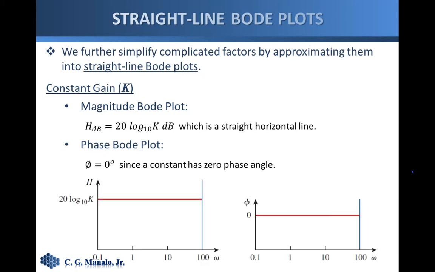So the plot of this for the constant would look like this. So it is a constant. As omega varies from a small value to a large value, the magnitude of the constant gain would be constant, while the phase angle would be 0 regardless of omega.